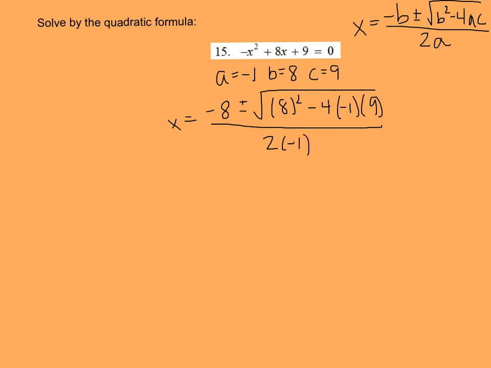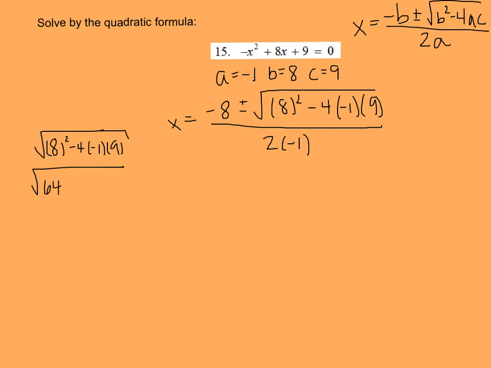Okay, so we can use a calculator for this, or we can just simplify the thing under the radical by ourselves. So let's take a look at this off to the side here. We've got square root of 8 squared minus 4 times negative 1 times 9. Well, I know 8 squared is 64.